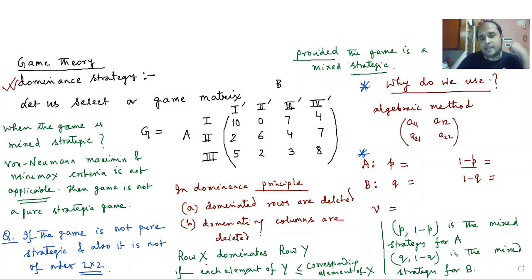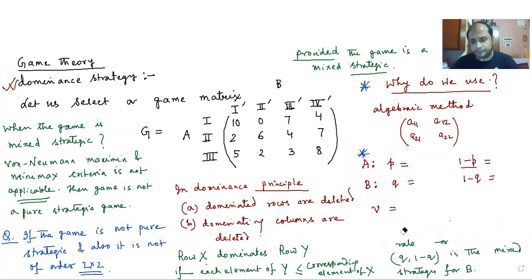And when we say a column is dominating, now I have to go to the next page to write this. I think I can erase this portion because you already know it.